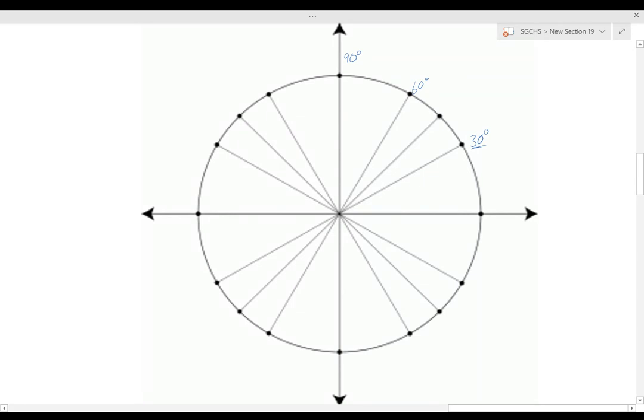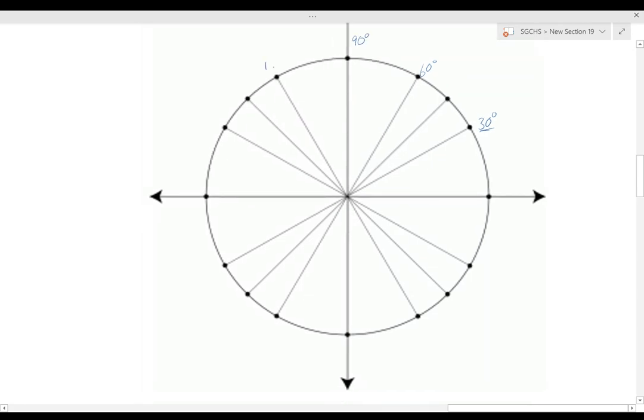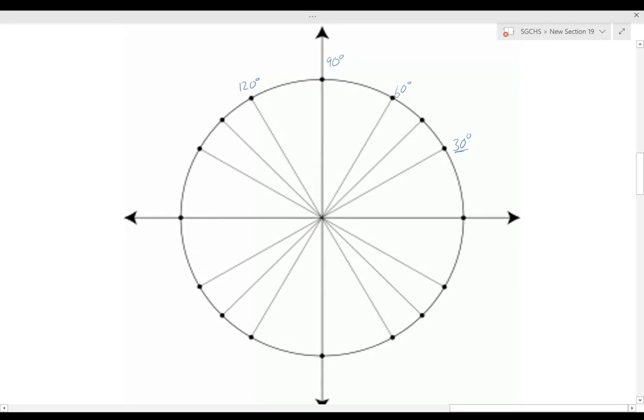90 plus 30 gives me 120 degrees. And we will just keep going around like that. 120 plus 30 is 150 degrees, 180 degrees. 180 plus 30 is 210 degrees. 210 plus 30 is 240 degrees, and I'm sure you get the point.